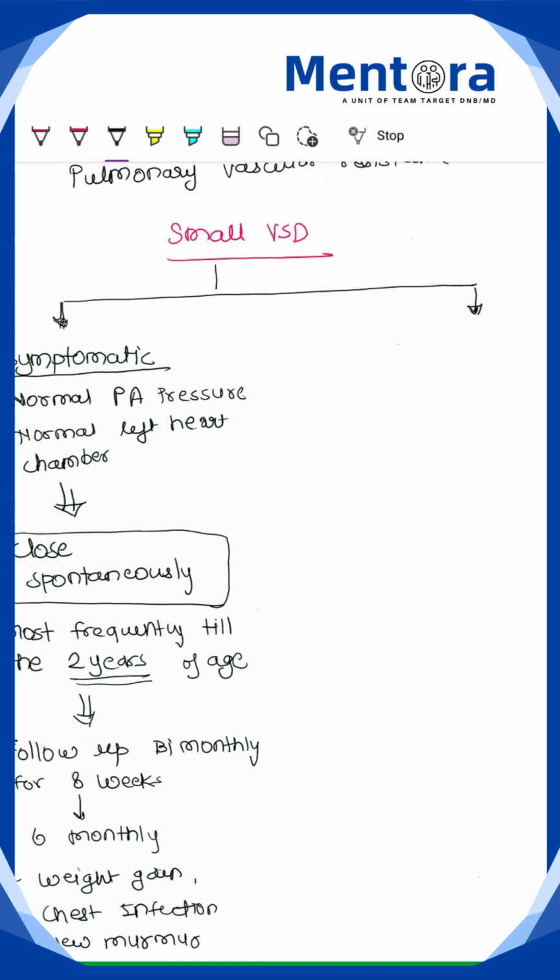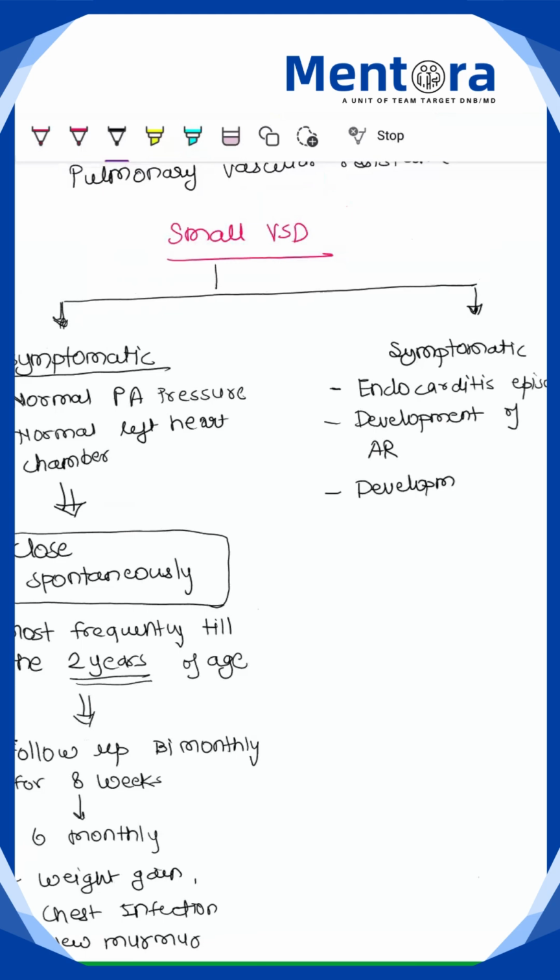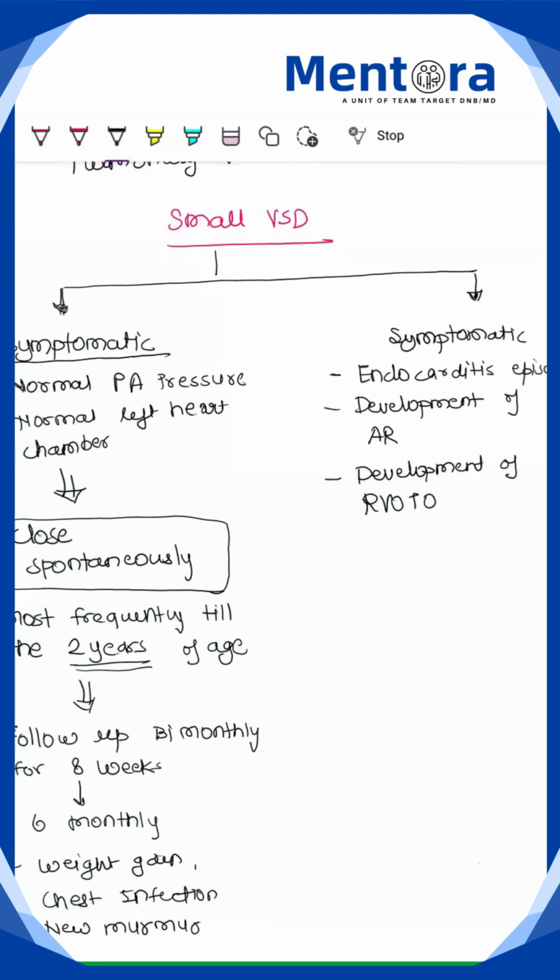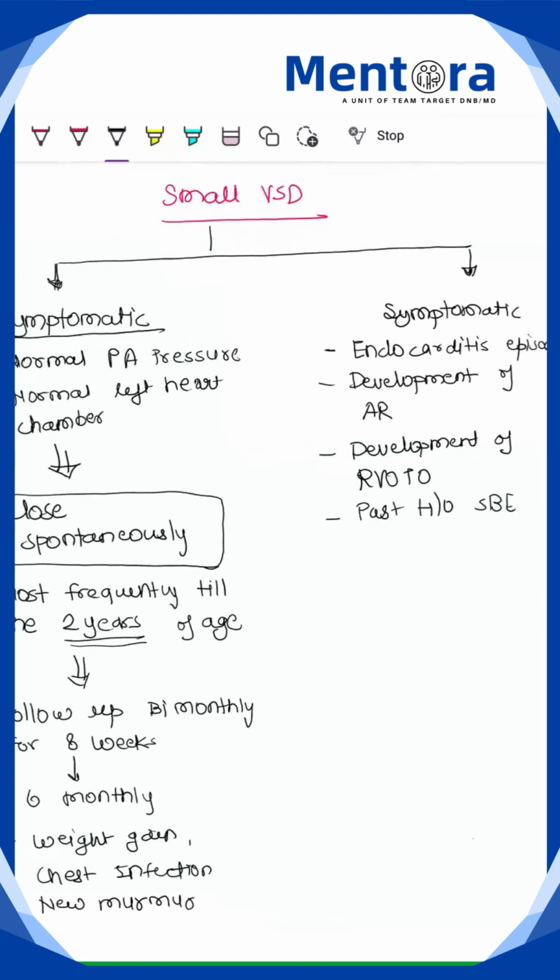But if child is symptomatic, if signs and symptoms are present, or if there are endocarditis episodes, development of aortic regurgitation, or development of right ventricular outflow tract obstruction, or if there is past history of subacute bacterial endocarditis, then it should be closed as soon as possible.